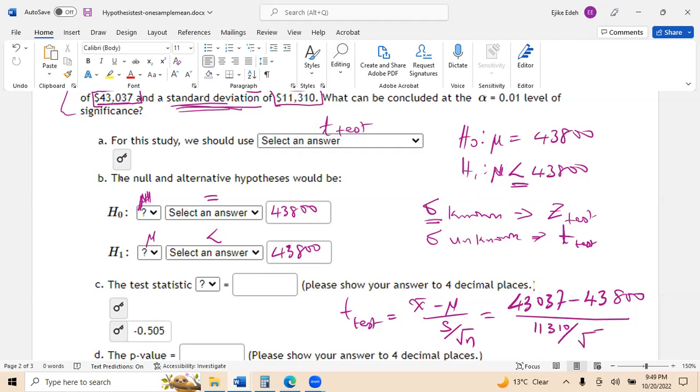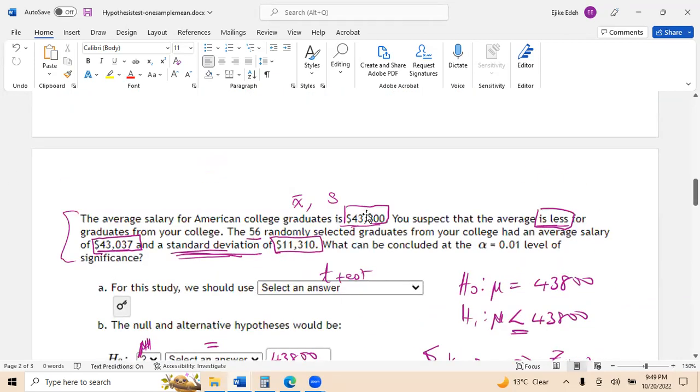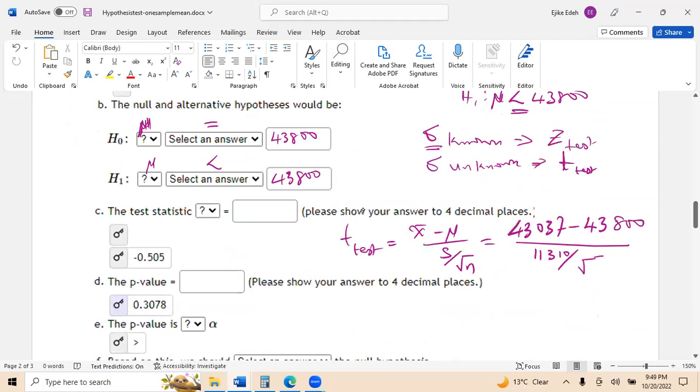Let's confirm that to be sure. We know that 56 students were sampled, so we have the square root of 56. I will use the calculator and do the numerator and the denominator separately, so that way we don't make mistakes.